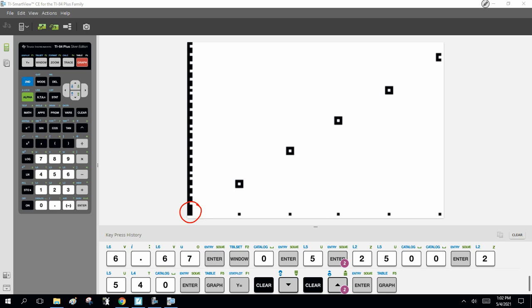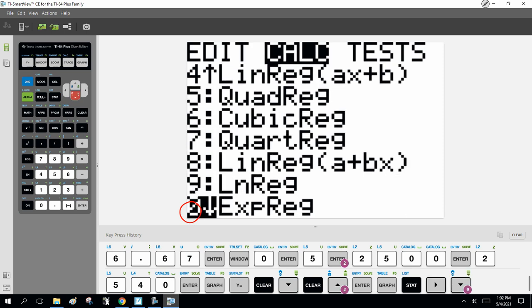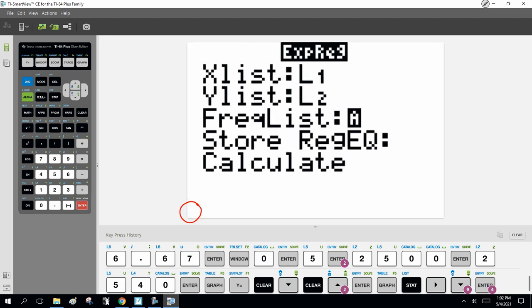So let's calculate statistics. Calculate. If this is exponential regression, enter. Enter, enter, enter, enter, yes.